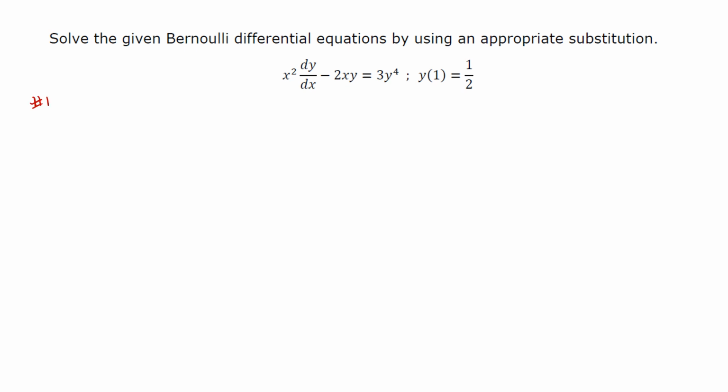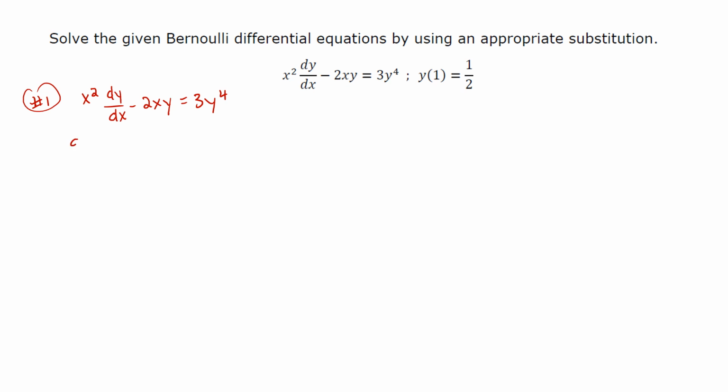So for step number 1, we have x squared dy dx minus 2xy equals 3y to the 4th. So we're going to divide everything by x squared in order to isolate the dy dx.